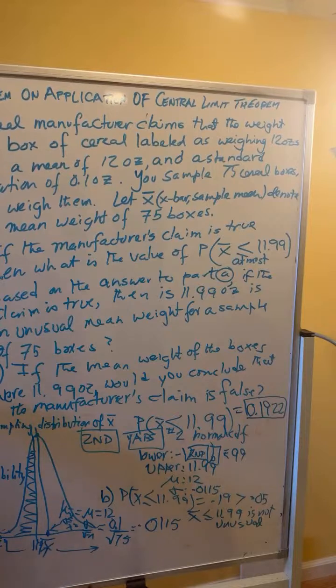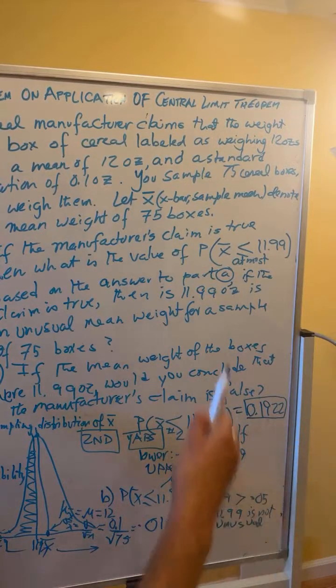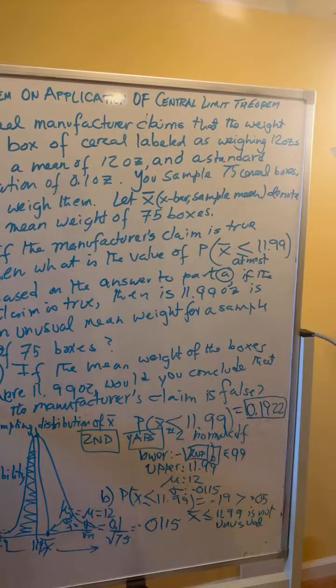So there is a 19% chance that the mean weight of 75 sample boxes is less than or equal to 11.99, which is not unusual because the probability of this event, that the sample mean weight is less than 11.99, is greater than 0.05.